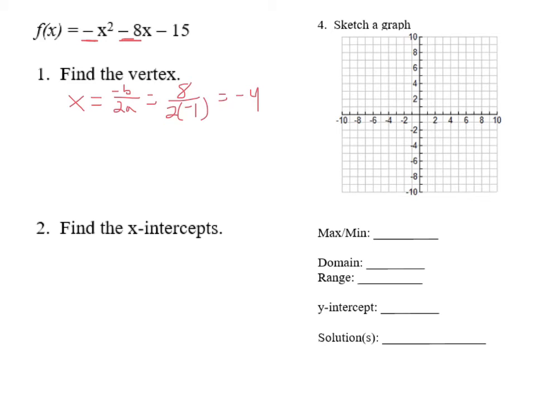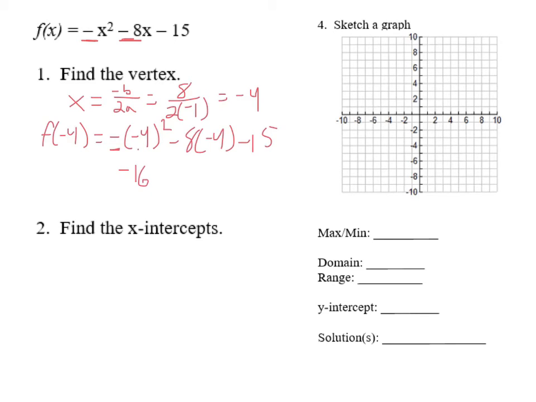Now that I know my x value is -4, plug it in. f of -4 equals -(-4) squared minus 8 times -4 minus 15. So -4 squared is +16, but then it's negated, right? So you get -16.